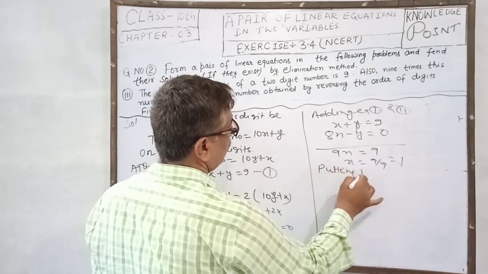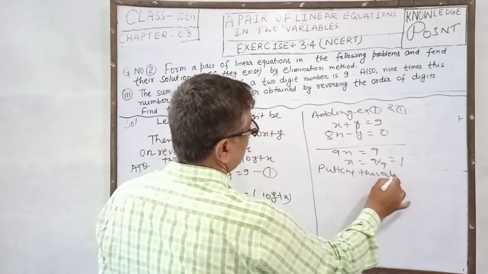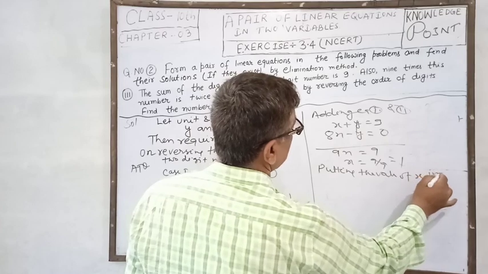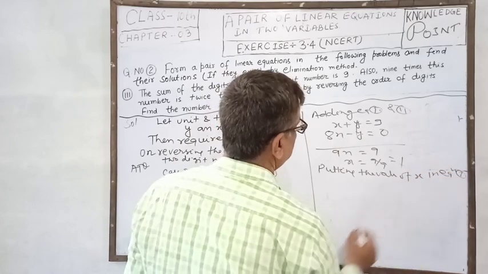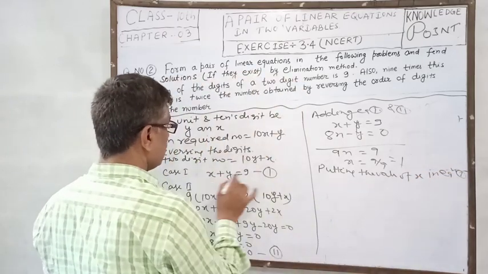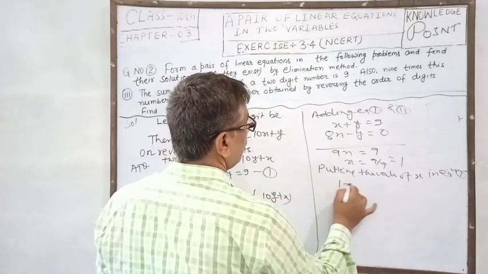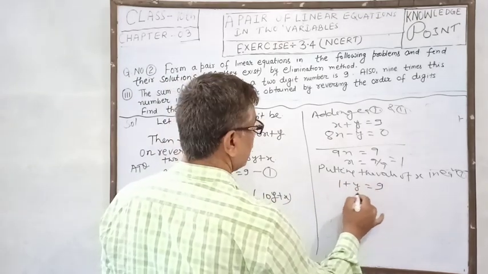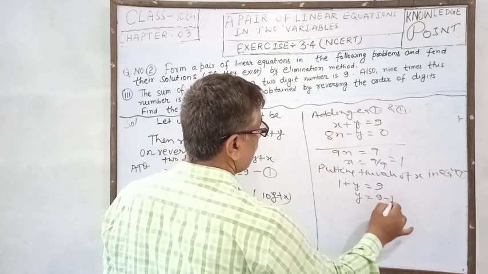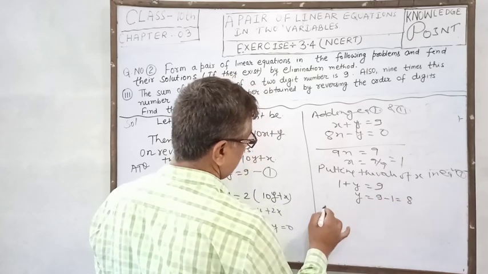Putting the value of x in equation 1, 1 plus y equals 9, so y equals 9 minus 1, which is 8.